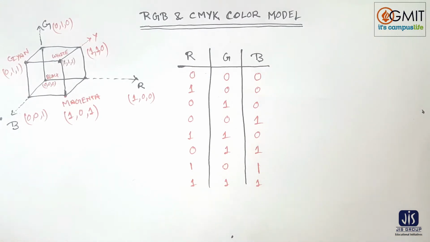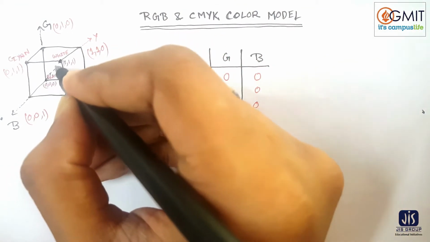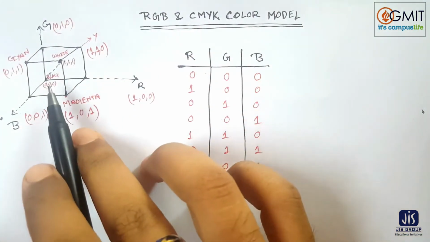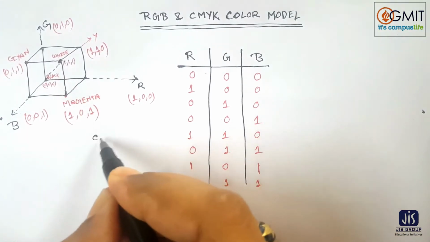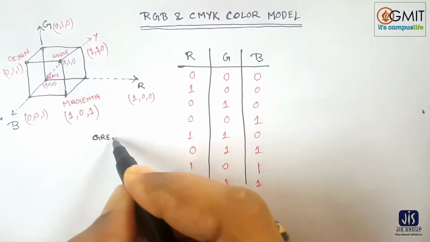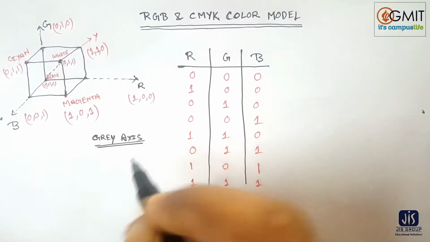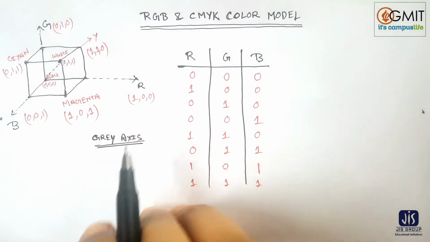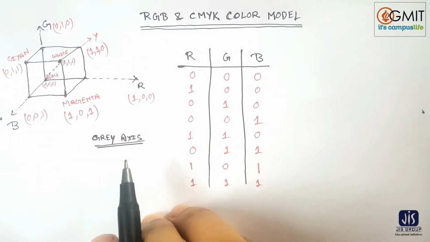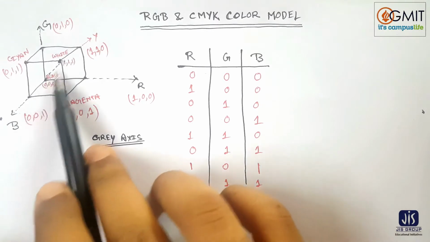Okay, now here is a question. There is an axis between these joining points, that is black and white. This axis is called the gray axis. So for whatever value between 0 and 1, suppose the value is 0.99997, this point must lie on the gray axis.